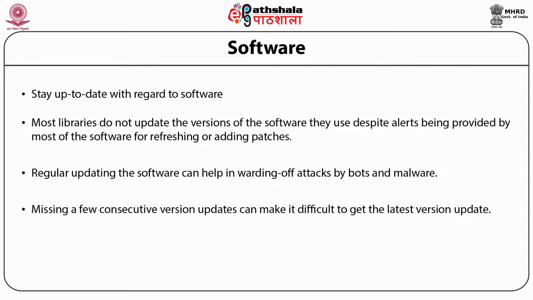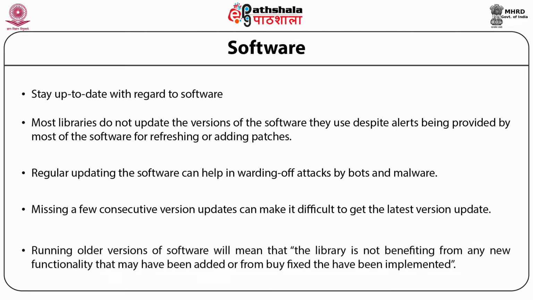With all these problems, the libraries of today are looking at alternate solutions, most importantly having the open source software that we discussed. But then running older versions of software will mean that the library is not benefiting from the new functionality that may have been added or from bugs that have been fixed.